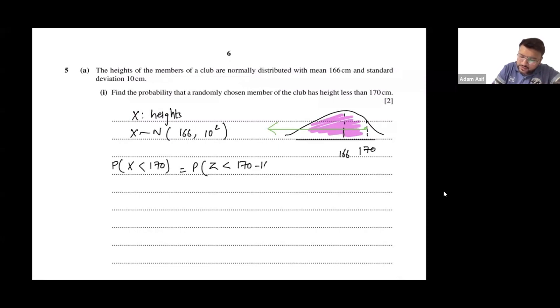170 minus 166 divided by sigma, that is 10. 170 minus 166 divided by 10 is 0.4. The probability of z less than 0.4. Now we are going to go back to the table and read the body area at 0.4.